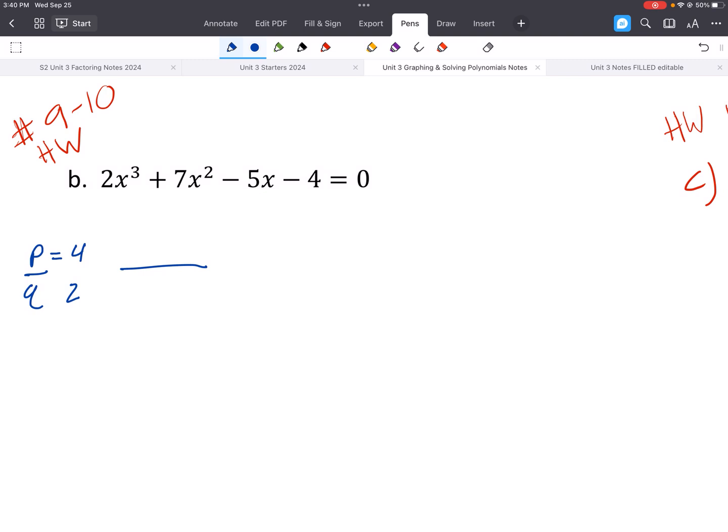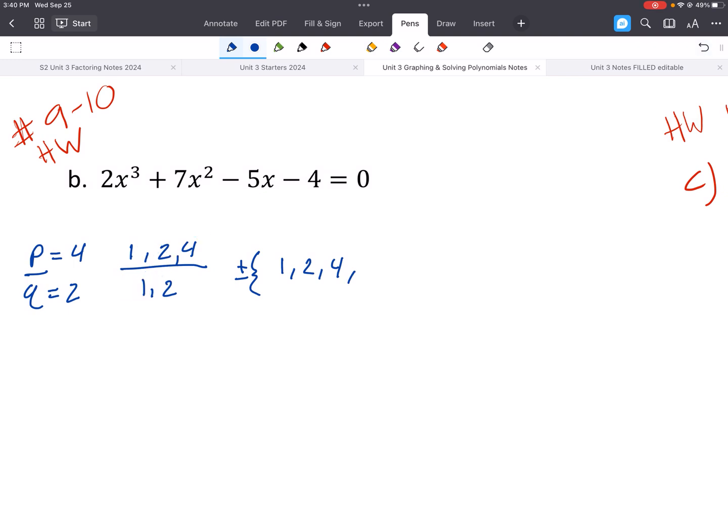So the possible rational roots would be 1, 2, and 4. And for the denominator, we'd have 1 and 2. And so let's write these out. So we'd get 1, 2, and 4. That's just by doing 1 divide 1, 2 divide 1, 4 divide 1.